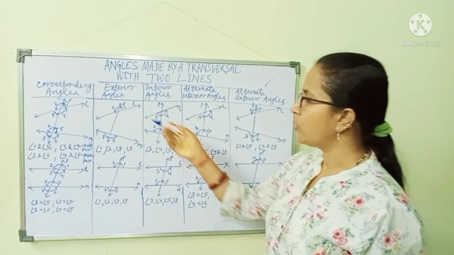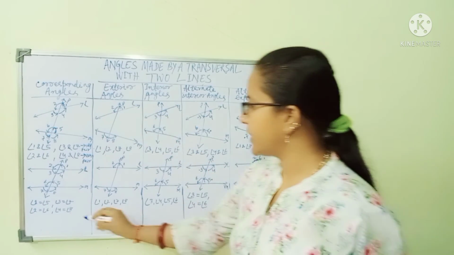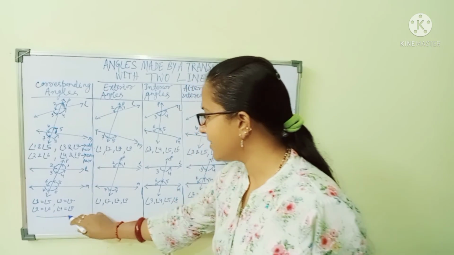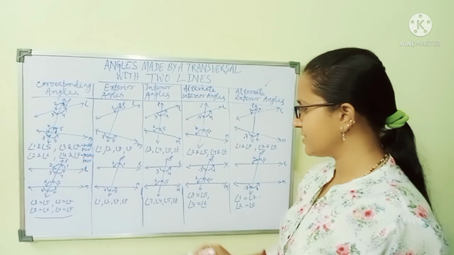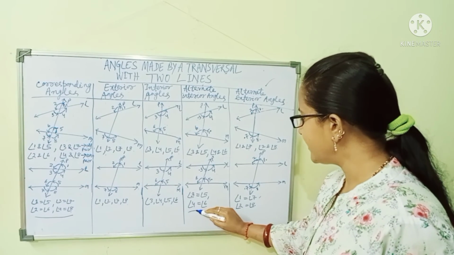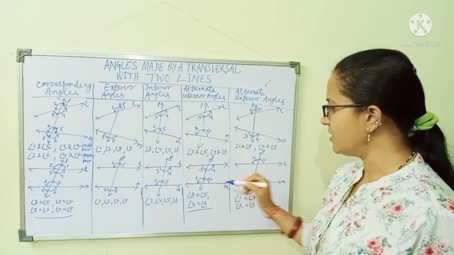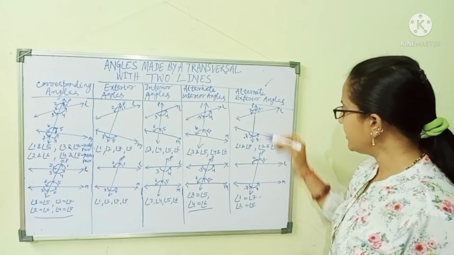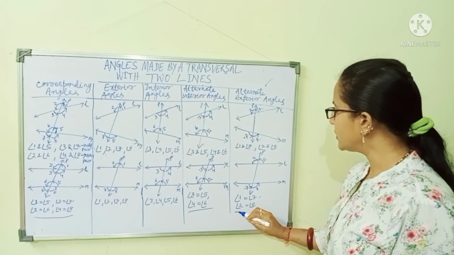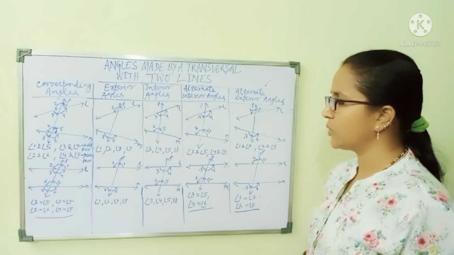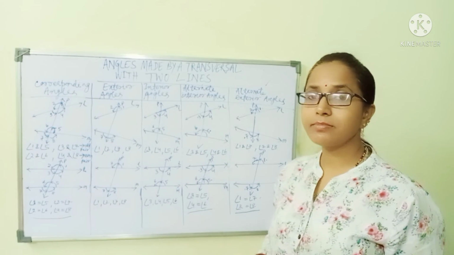So, what do we know about it? Here all the corresponding angles are equal for parallel lines. Alternate interior angles are always equal for parallel lines, and for parallel lines alternate exterior angles are always equal.